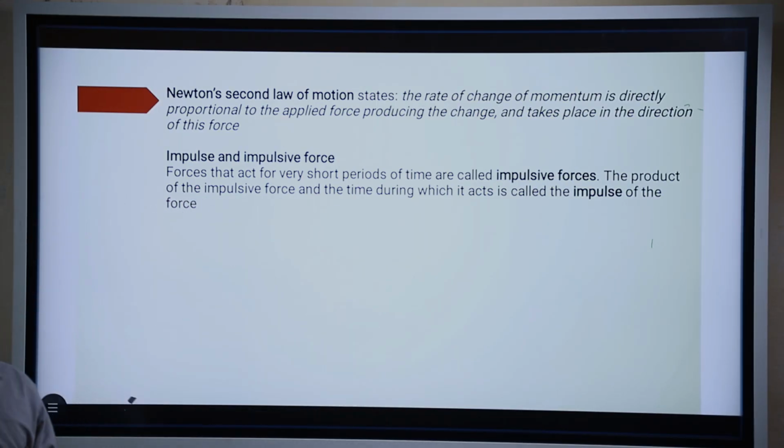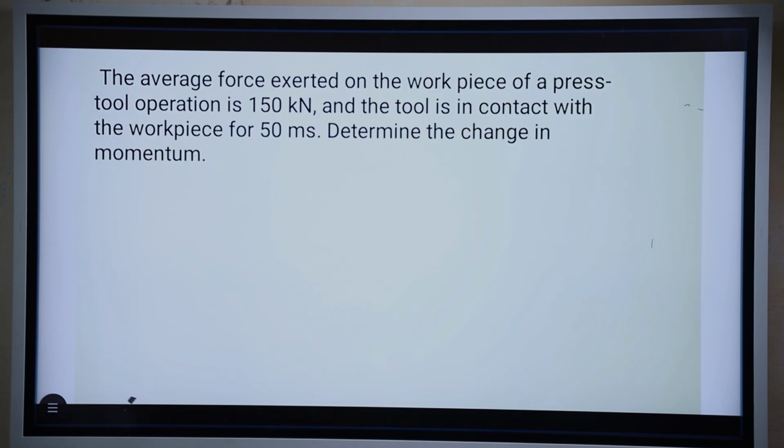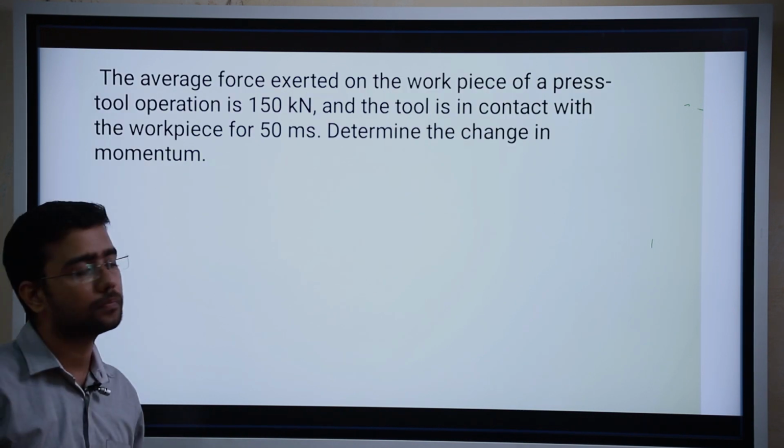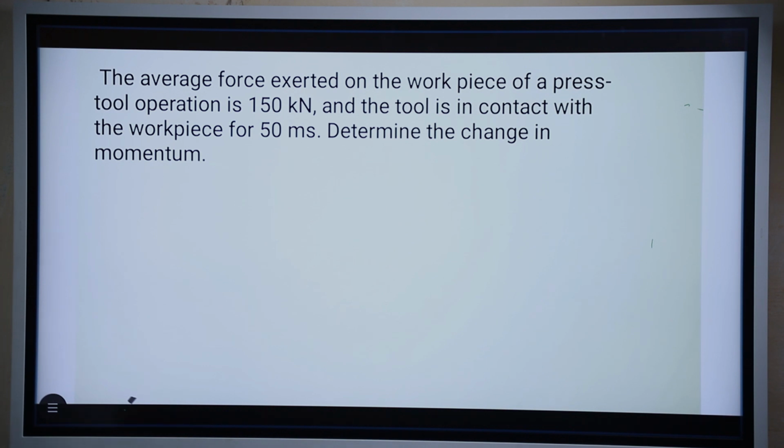Let us move to next. Now there are some numericals that we are going to solve on impulse. The average force exerted on the workpiece of a press tool operation is 150 kilonewton and the tool is in contact with the workpiece for 50 milliseconds. Determine the change in momentum.